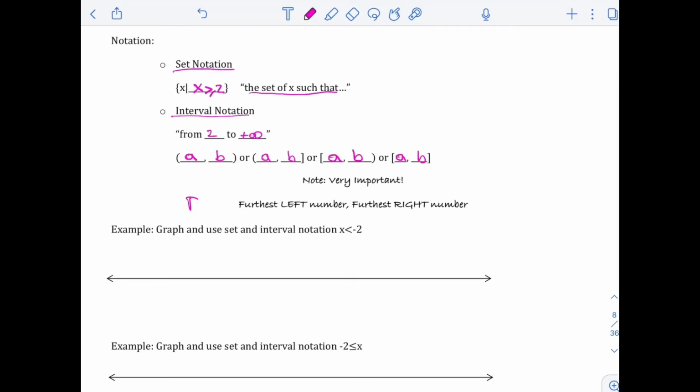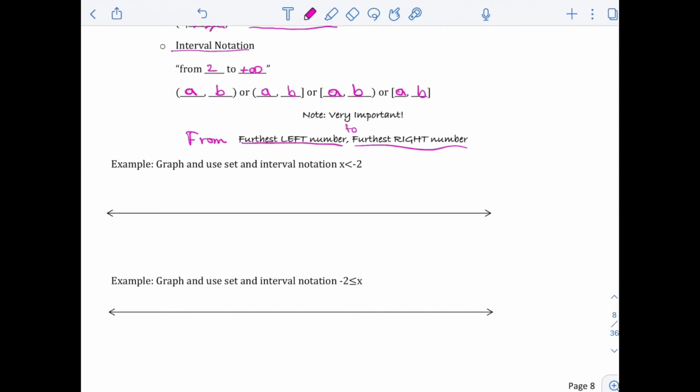Sometimes it's not a number, it's an infinity. If it's not a number, that means it never ends on the left. So it's from the farthest left number to the farthest right number. And you already know how to graph.